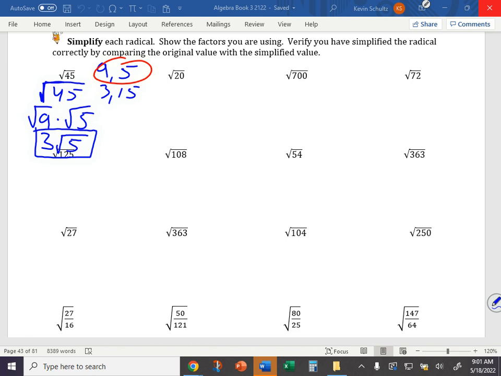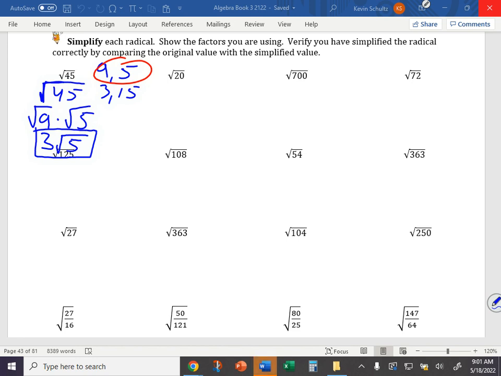In these examples, I believe all of them have at least one perfect square factor. If you ran into something like the root of 15, where there was no perfect square factor, then you would not be able to simplify that. So you have to have a perfect square factor, and all of these will.